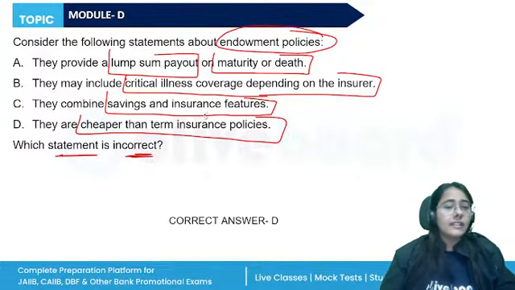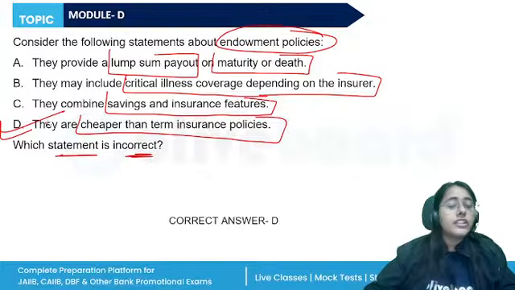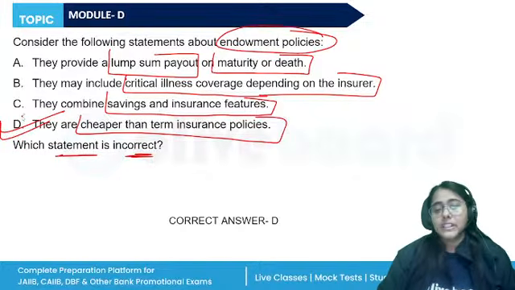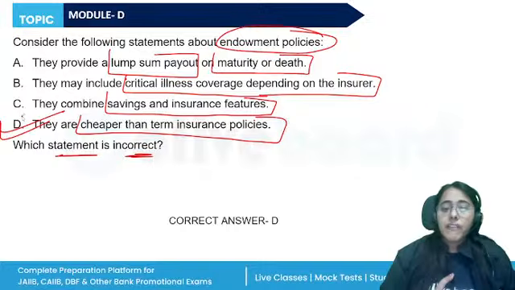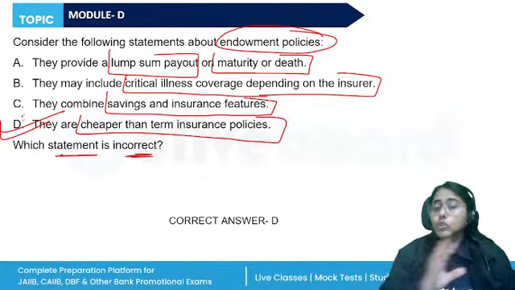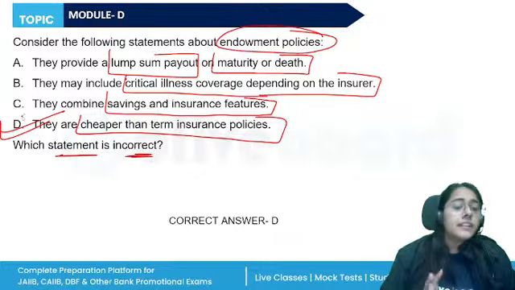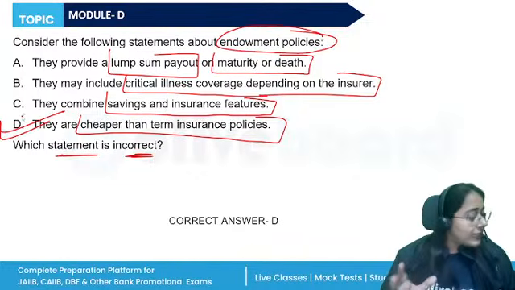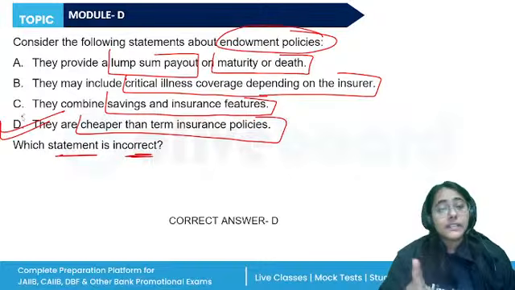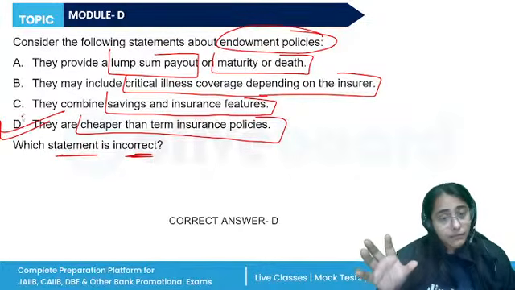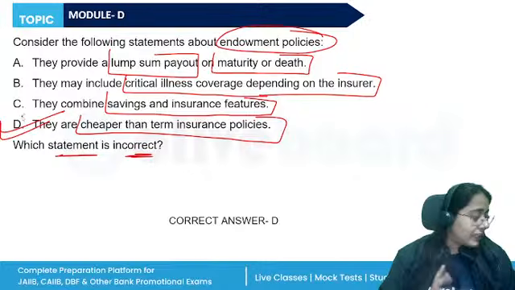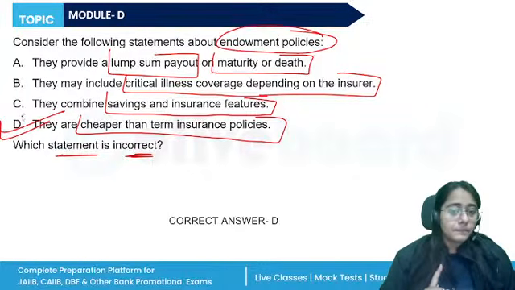Yes, the correct answer is D. They are not cheaper than the term insurance policy. Term insurance policies are cheaper. Why? Because if the policy holder survives, they do not get anything in the term insurance policy. They only get some tax benefit. However, in the endowment policy, the lump sum is paid after the maturity of the term as well, not only on death.